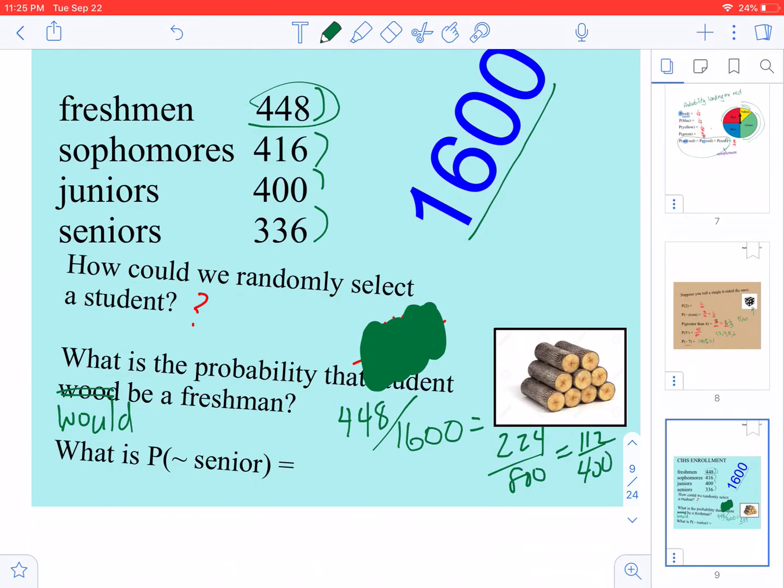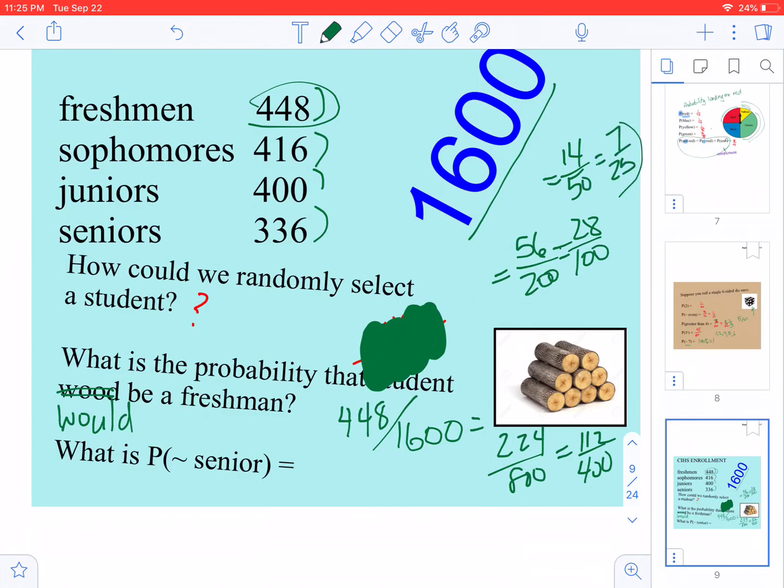I think we can do it one more time, and we would get 56 over 200. Looks like we can keep going. 28 over 100, so that's 28%. 14 over 50, or 7 over 25.